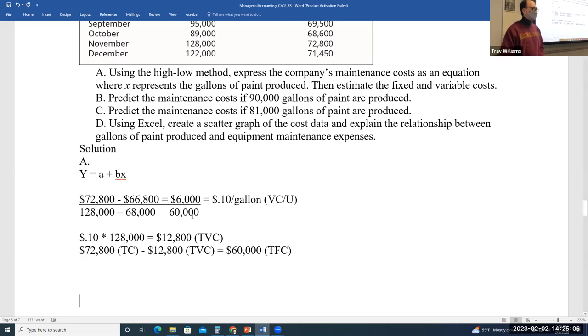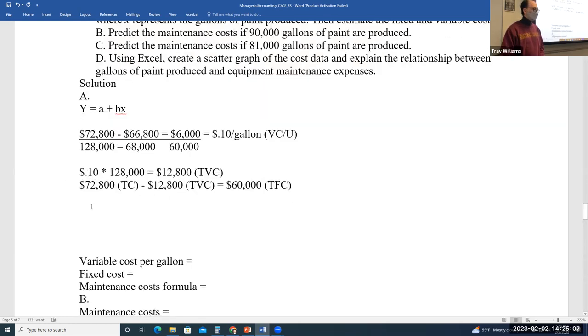And just to double check, and so you see that I'm not making things up here, if we use February's data, we could do the same thing. We take the variable cost per unit times how many gallons were there in February? 68,000, equals 6,800 total variable costs, right?